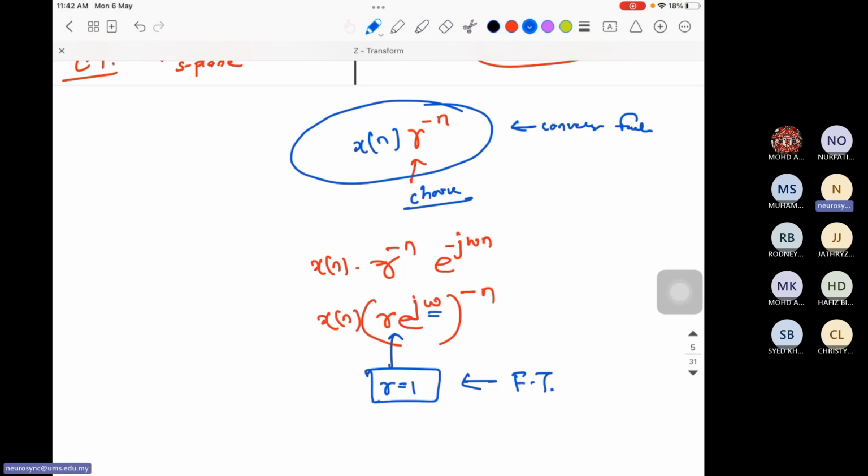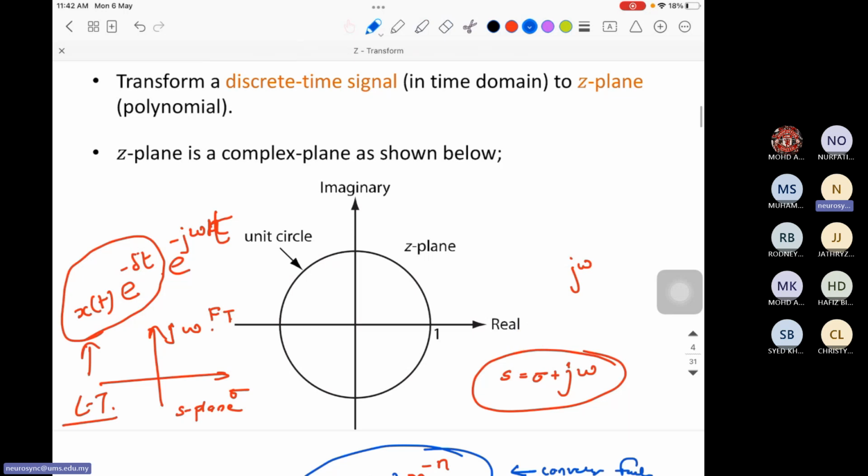Now in the Z transform, this is the Z plane. The x axis is the real part of Z, and the imaginary axis is the imaginary part of Z. It has radius r, and it is moving with respect to the angle j omega.